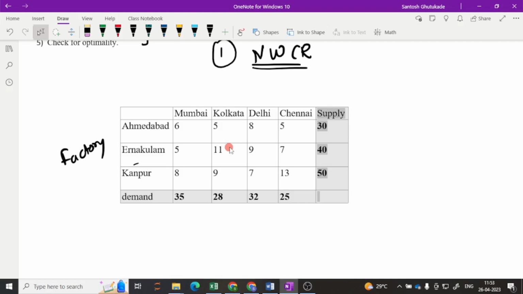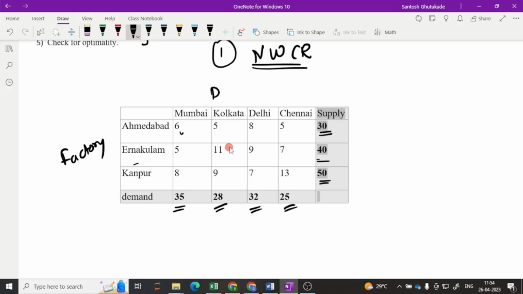In these three cities there is a factory, and the supply from Ahmedabad is 30 units, from Ernakulam 40, and from Kanpur 50. Then the demand is in Mumbai, Kolkata, Delhi and Chennai. In Mumbai the demand is 35, Kolkata demand is 28, Delhi demand is 32, Chennai demand is 25.